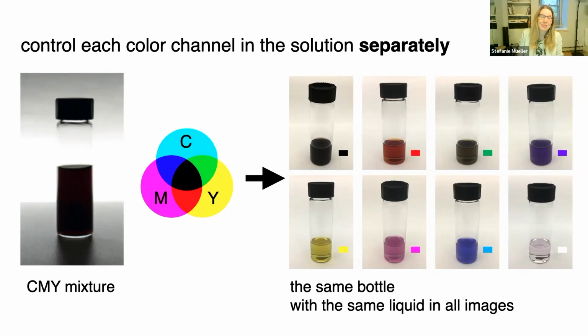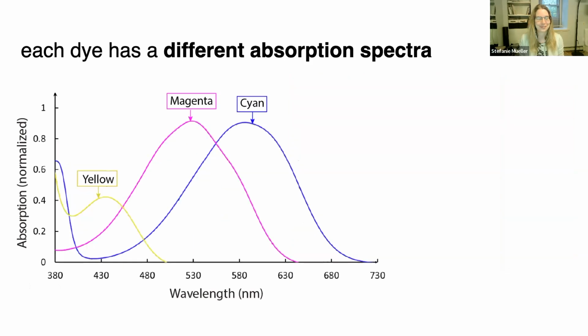So now the question remains, how can we actually turn, for instance, only the cyan in this bottle transparent, or only the yellow, or only the magenta? So this is a little more complicated, but I hope you can follow along. So here you see a wavelength chart for the different photochromic dyes in the single bottle.